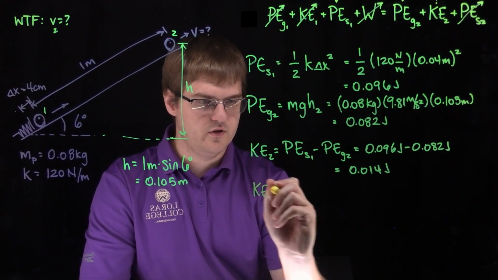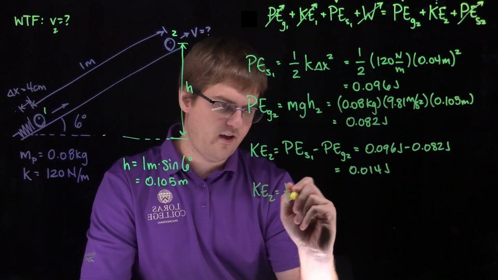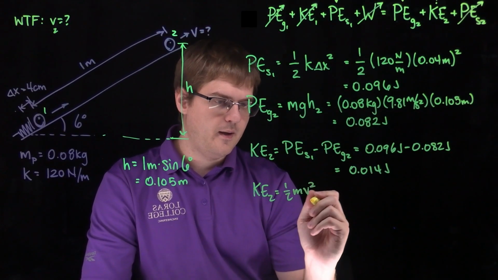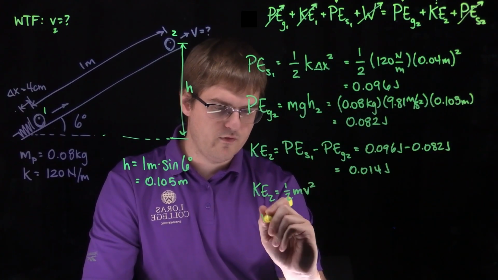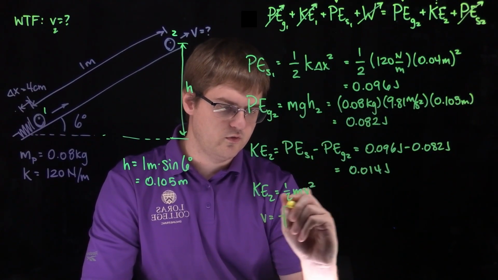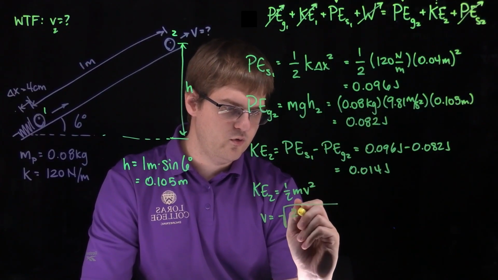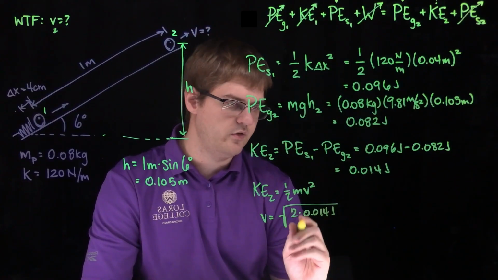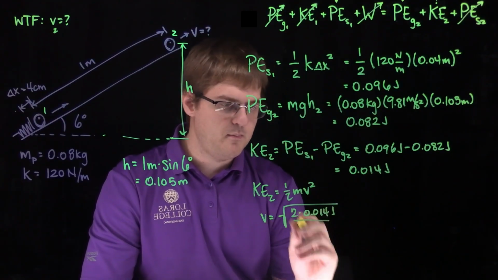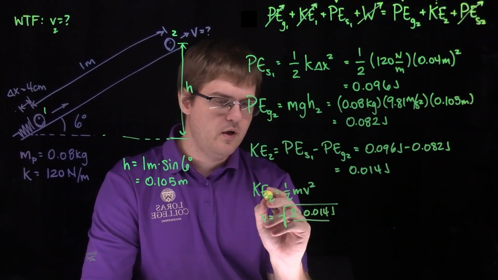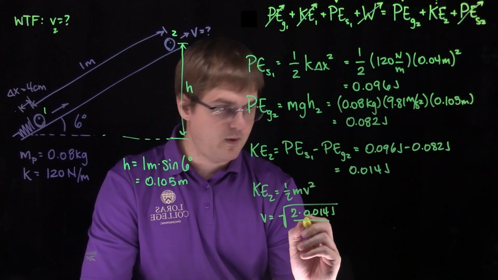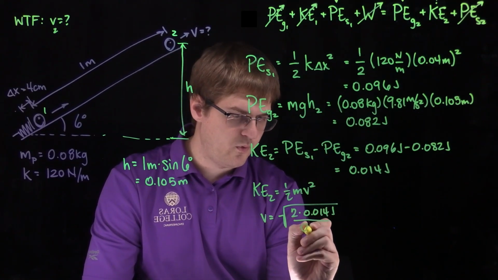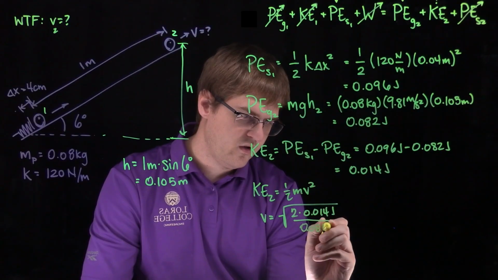And then we've already practiced turning kinetic energy into velocity. Kinetic energy 2 is equal to 1/2 mass times velocity squared. I want to solve for velocity, so my velocity is going to be equal to the square root of 2 times 0.014 joules, that's my KE2, divided by my mass, because the half became the 2, and my mass is 0.08 kilograms.